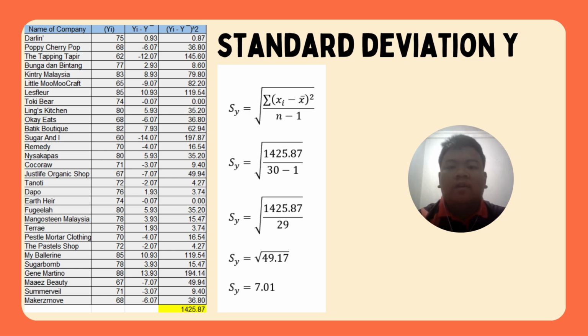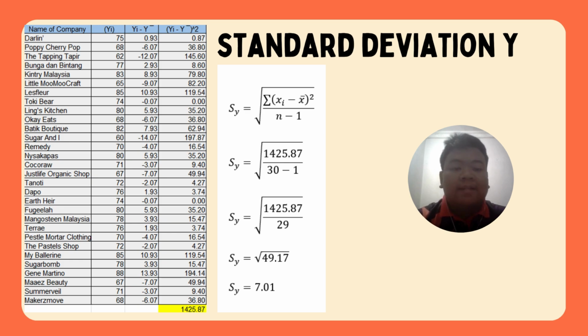We need to calculate that for all the companies, and then we sum it up, and we'll get 1425.87. Then the square root of 1425.87 divided by 29. When we divide it, we get 49.17. And when we take the square root, we get the answer as 7.01. Now we found the Sy.